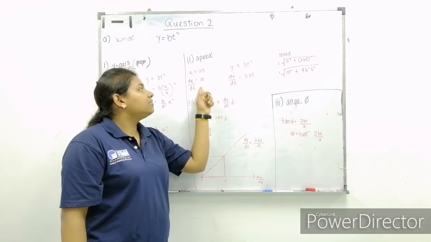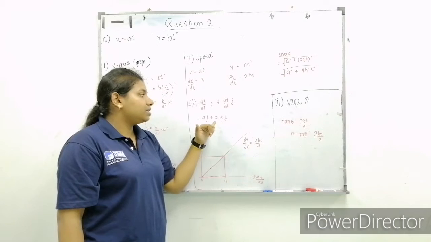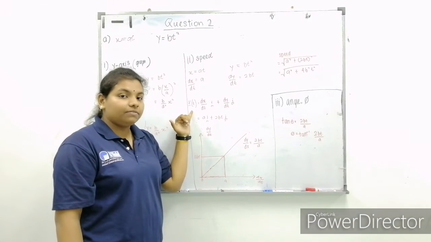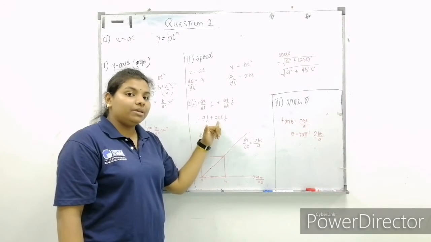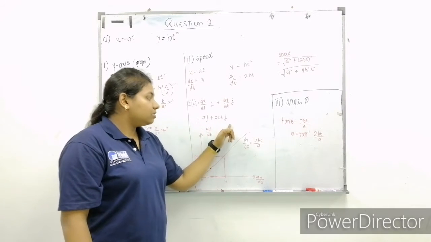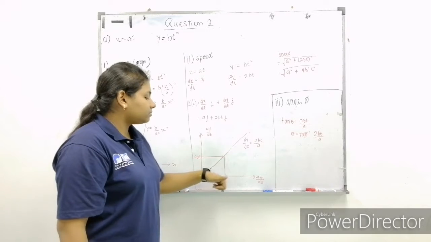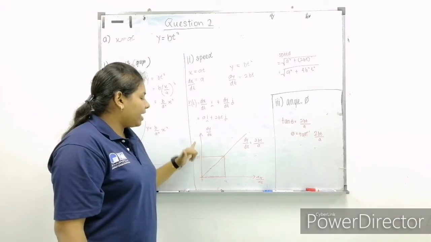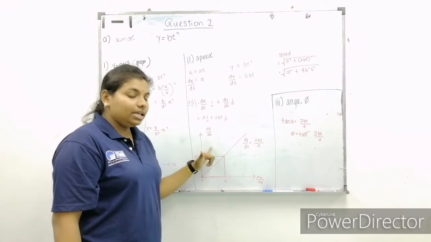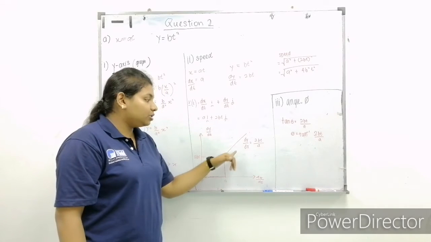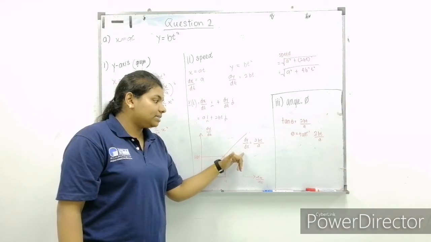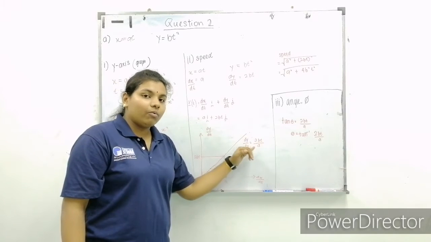After getting these derivatives, we substitute them into the vector formula, so we get ai plus 2btj. This is the graph for the speed. The y-axis represents dy/dt, the x-axis represents dx/dt, and the equation is dy over dx equals 2bt over a.